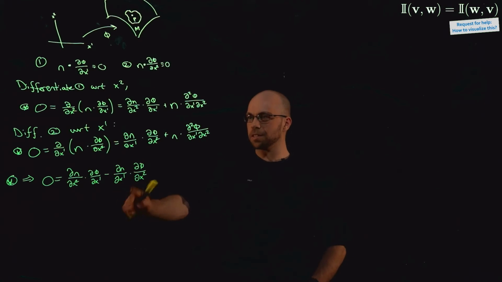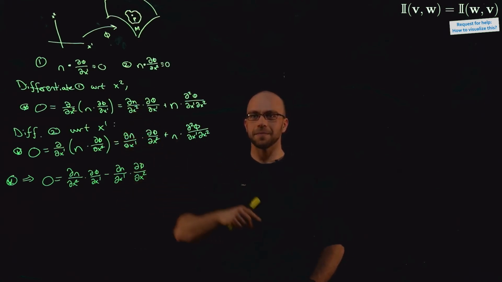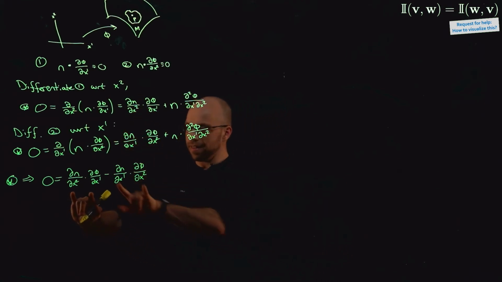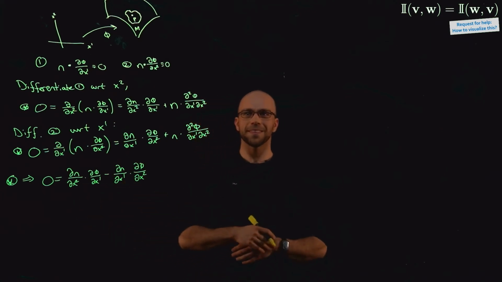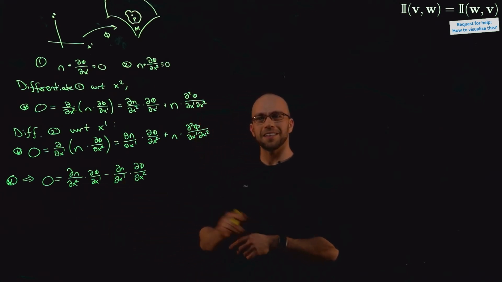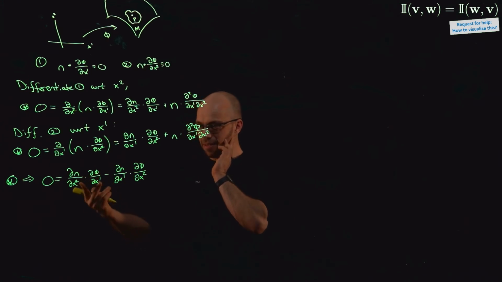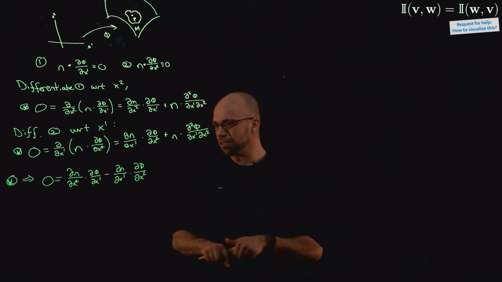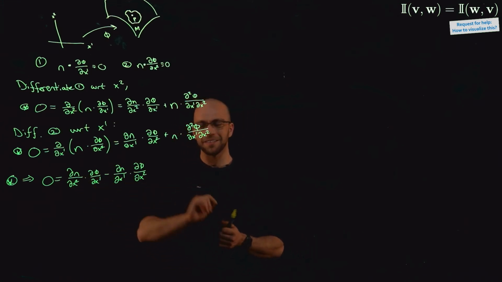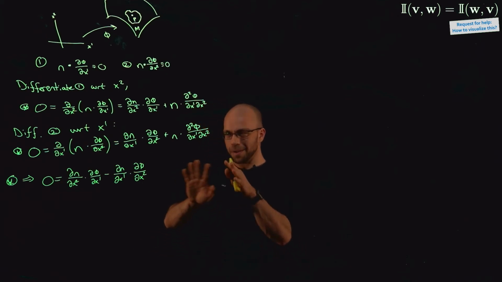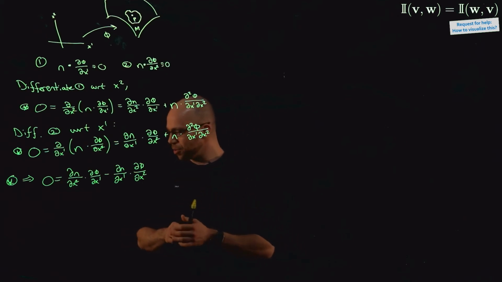So I just got this expression by subtracting these two guys. So in other words, these two terms are equal to each other. So that's pretty cool. Essentially, it's some interesting symmetry here. I can swap derivatives with respect to x1 and x2 when I'm dot producting between derivatives of phi and derivatives of the normal.